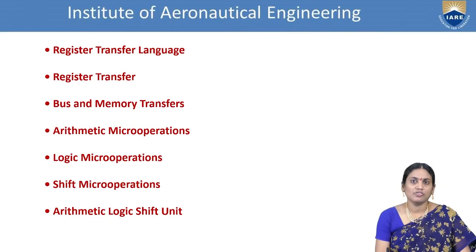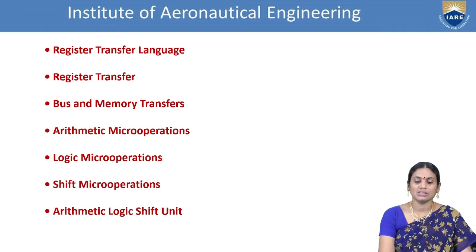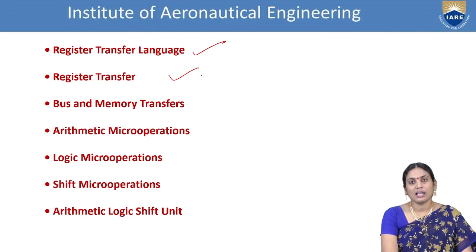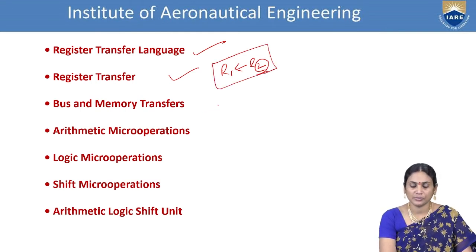In the former class, we discussed the different notations we use for handling registers, and the different transfer operations that can be performed. For example, if I write R1 tends to R2, this is a notation represented with a capital R followed by numerals. This is a case of transfer of information.